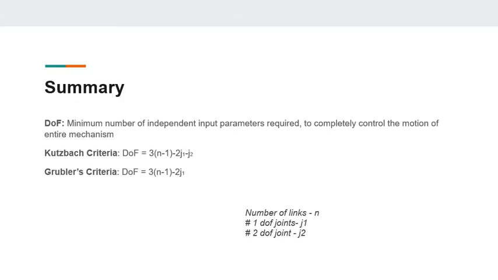Then we have simplified the Kutzbach criterion to find out the degrees of freedom of mechanisms with just 1 degree of freedom joints. This simplified criterion is called the Grübler criterion.